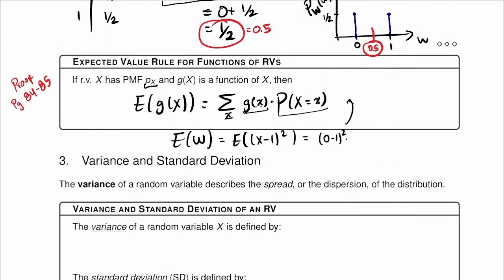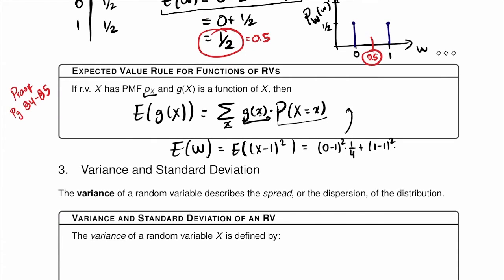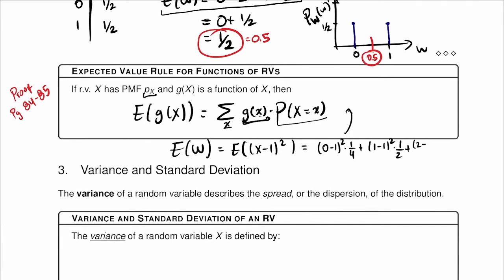So this is going to be 1 over 4 plus the other possible value of x, (1 - 1) squared. This is the function evaluated at 1 times the probability of X being equal to 1. This was 2 over 4, the same as 1/2, plus the other possible value of x, (2 - 1) squared times 1 over 4.